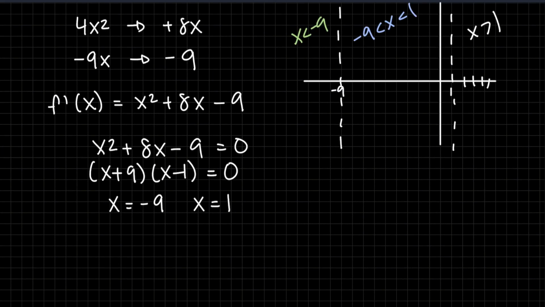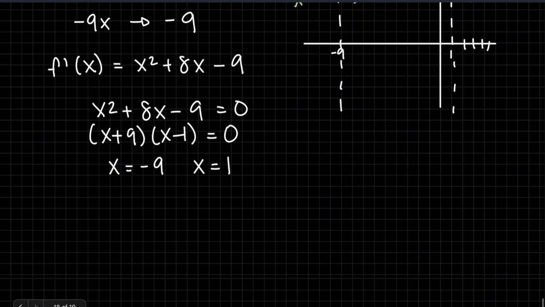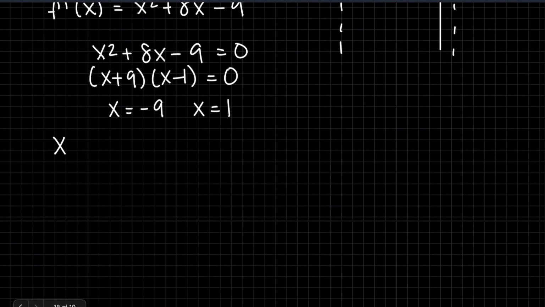So just like how we did last time, we're going to plug in the numbers from each region into my derivative to see if I get a positive tangent, a tangent that looks like this, or a negative tangent, a tangent that looks like the second one I drew. So I'm going to first choose a number where x is less than -9 and plug it into my derivative. So let's say I choose -10.